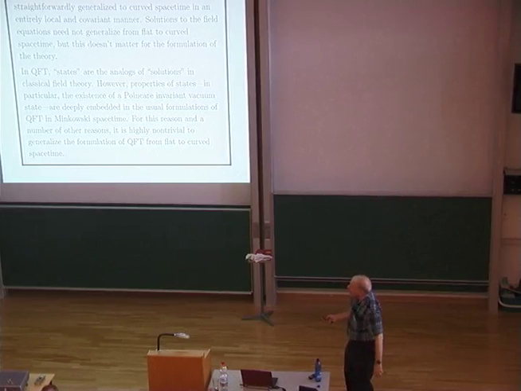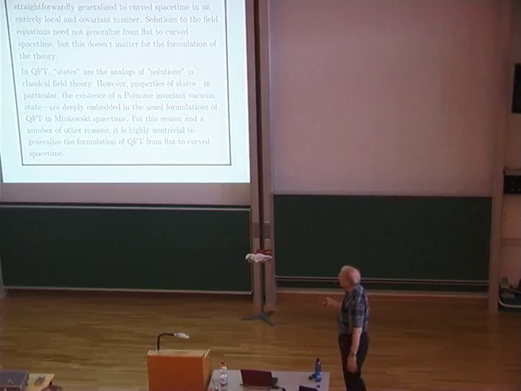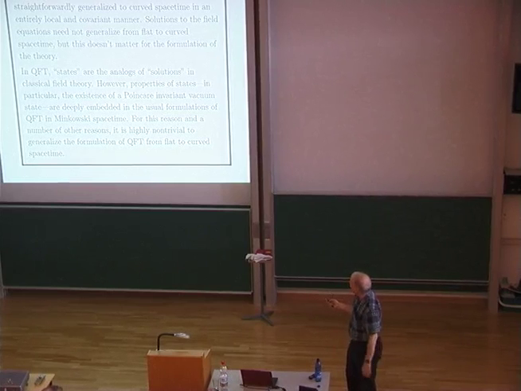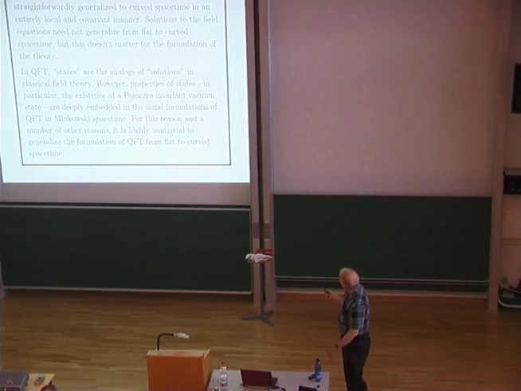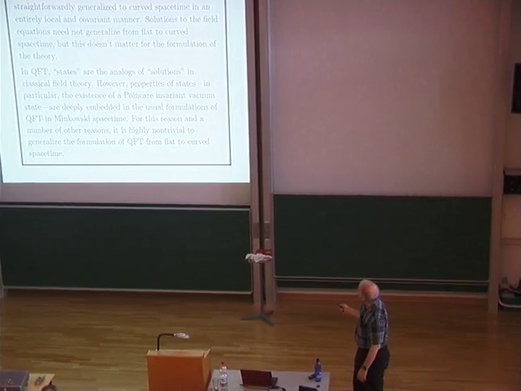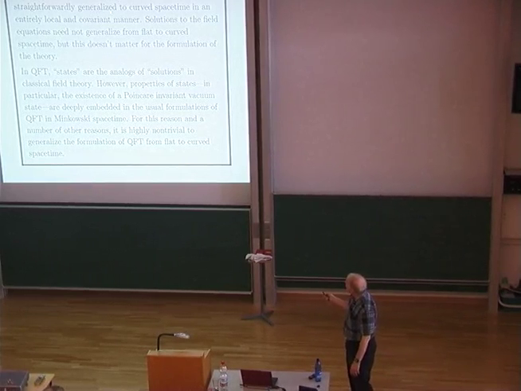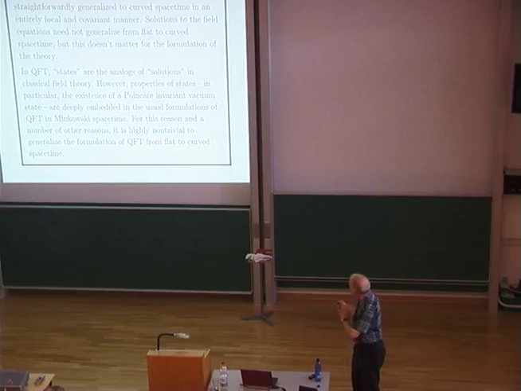I don't know what a plane wave in some space-time with no symmetries that's not asymptotically flat is supposed to be. I wouldn't know how to formulate that, but I don't need to, because for the formulation of the theory, I just have to say what the generalization of the equations are, and I'm done.